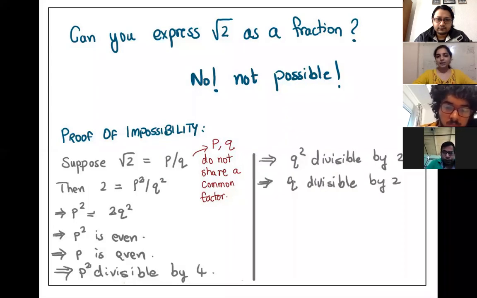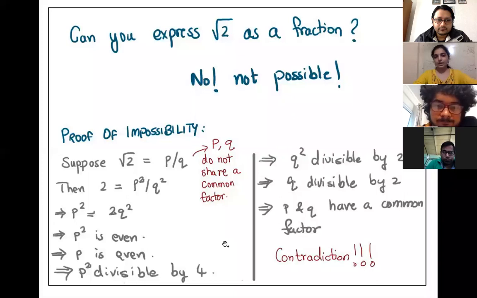Running a similar argument for, say, q square, we can also see that q square is divisible by 2. And therefore, q is divisible by 2. And overall, as a result, we can say that p and q have a common factor, which obviously is a contradiction to our initial assumption that p and q do not share a common factor.